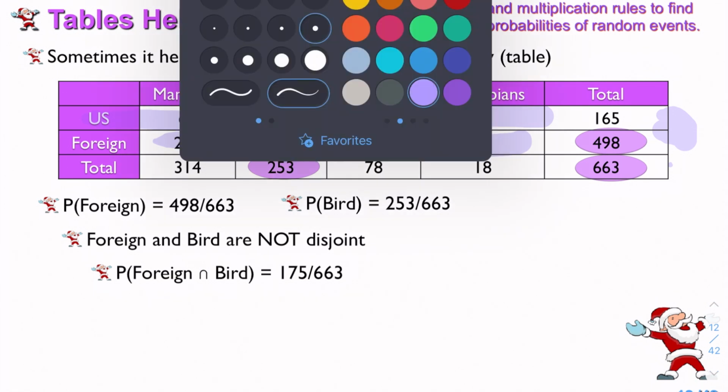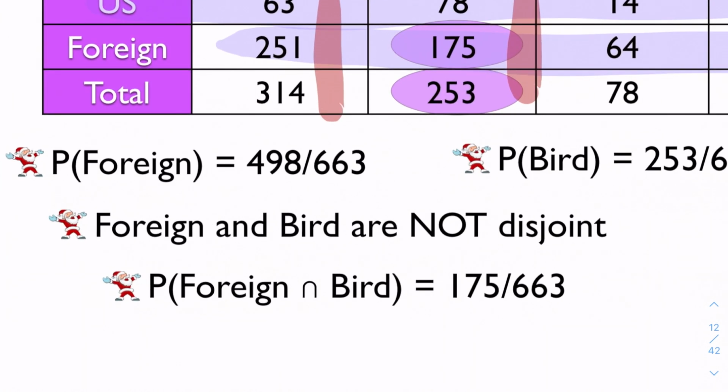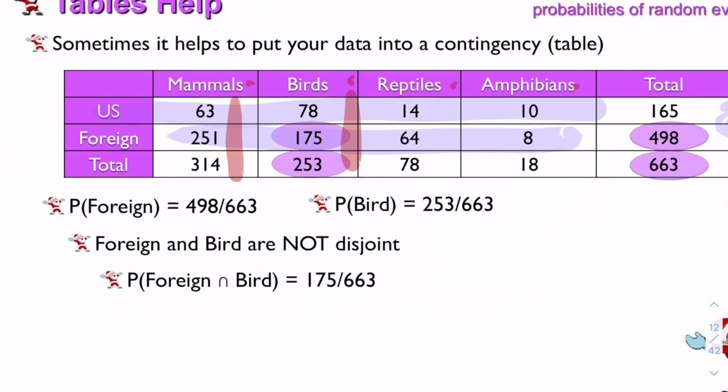We could do the exact same thing for the columns and find out how many mammals we have, or birds, or reptiles, or amphibians. And so if we go to simple probabilities, we could be asked, what's the probability that something is foreign? Well, something is foreign is 498 divided by the total number of things. Well, what's the probability that we have a bird?